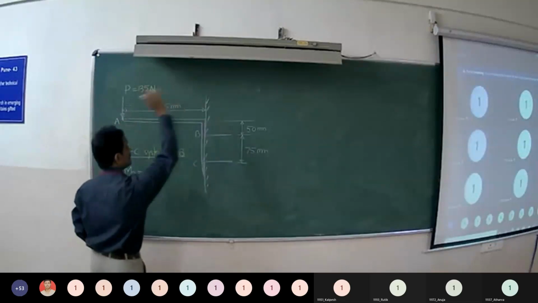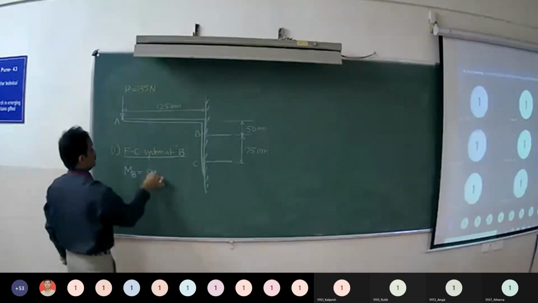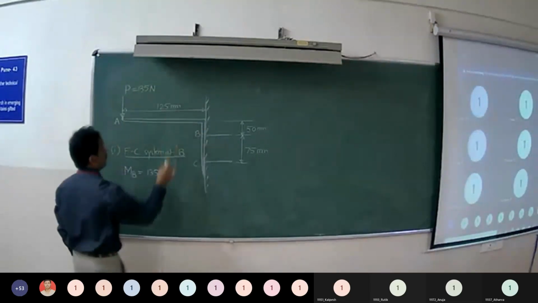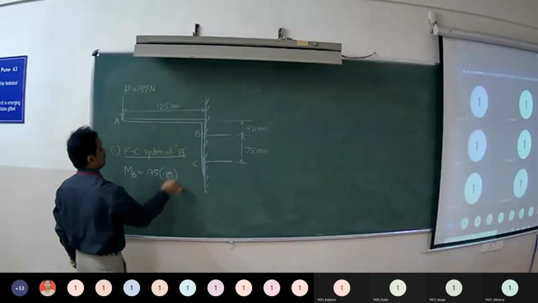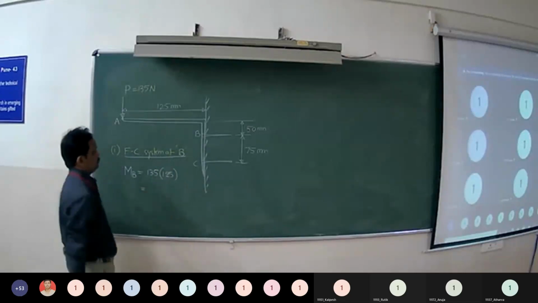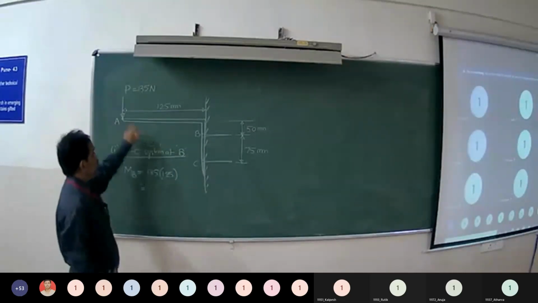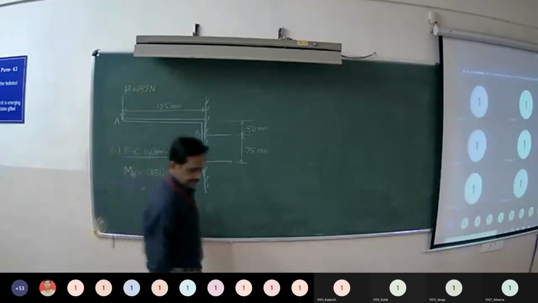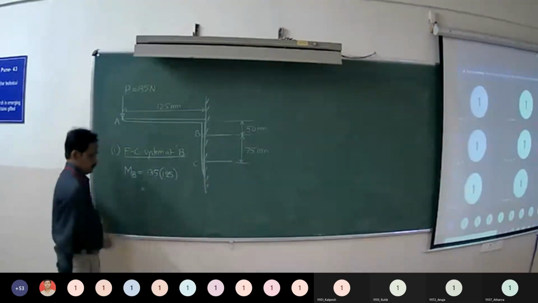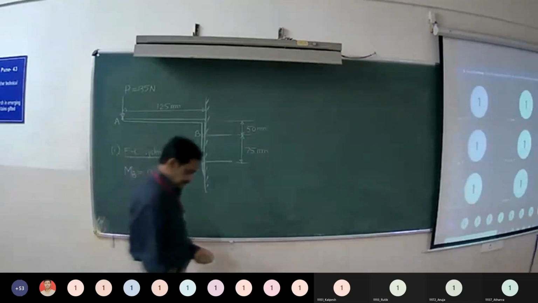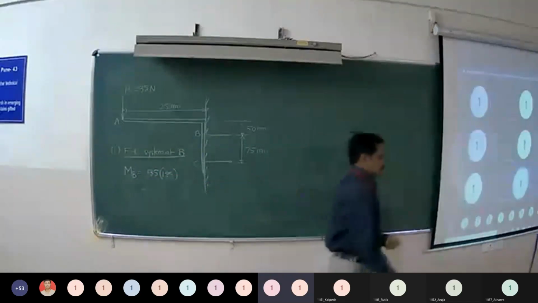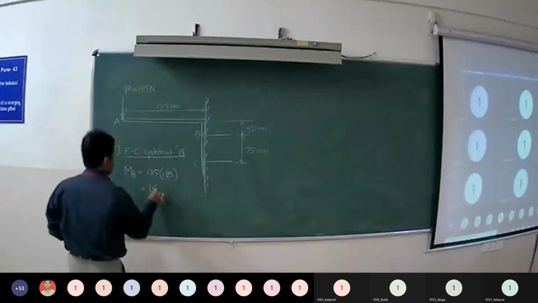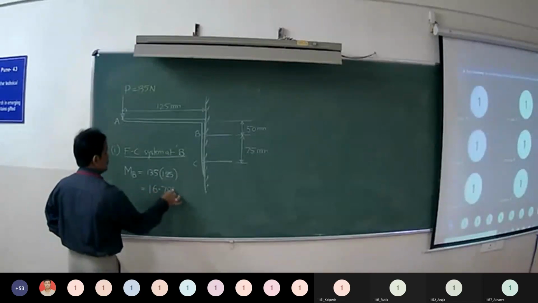It is creating anti-clockwise sense, 135 into perpendicular distance 125. 135 into 125 is 16.875.